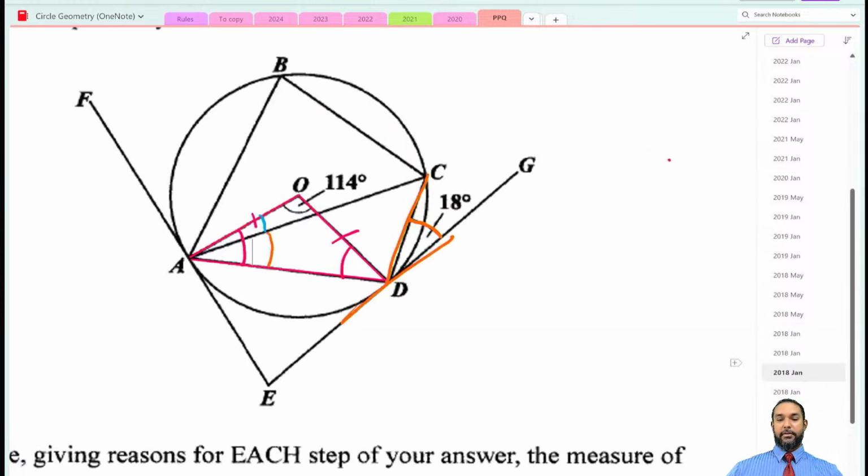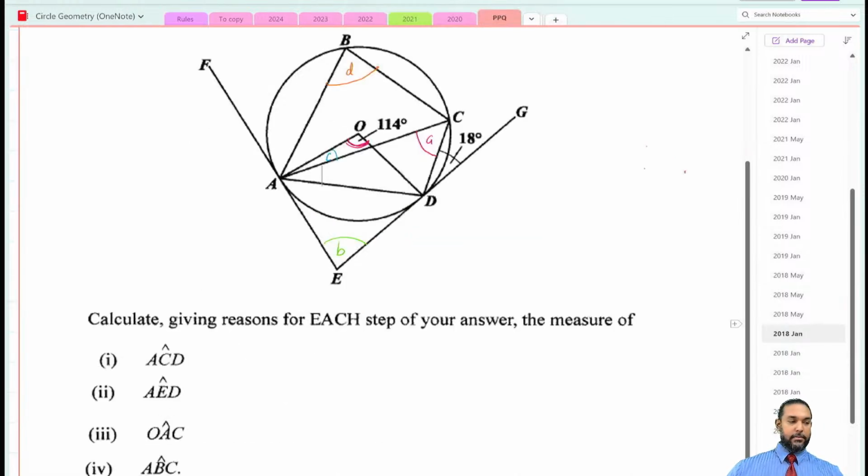Right. What are we doing here? This piece here will be 18. But we're looking for this piece here. So 114 from 180 is 66. Check it: 180 minus 114.